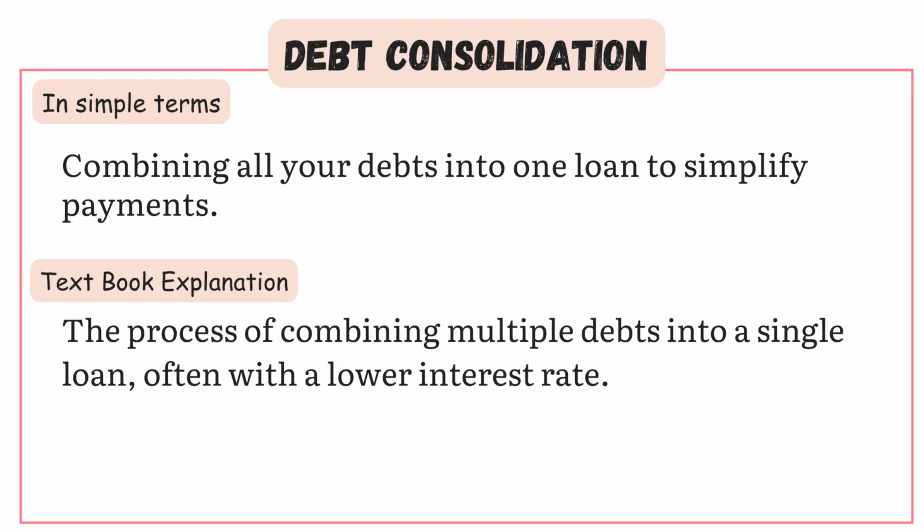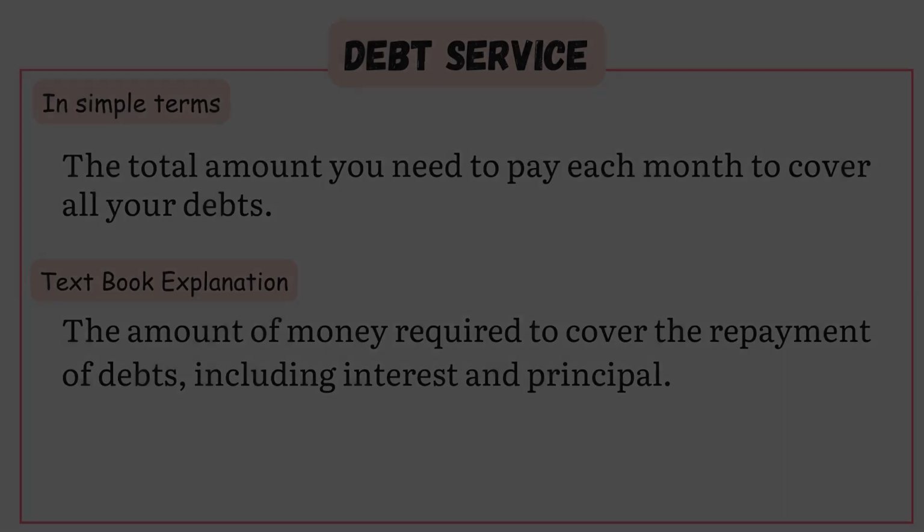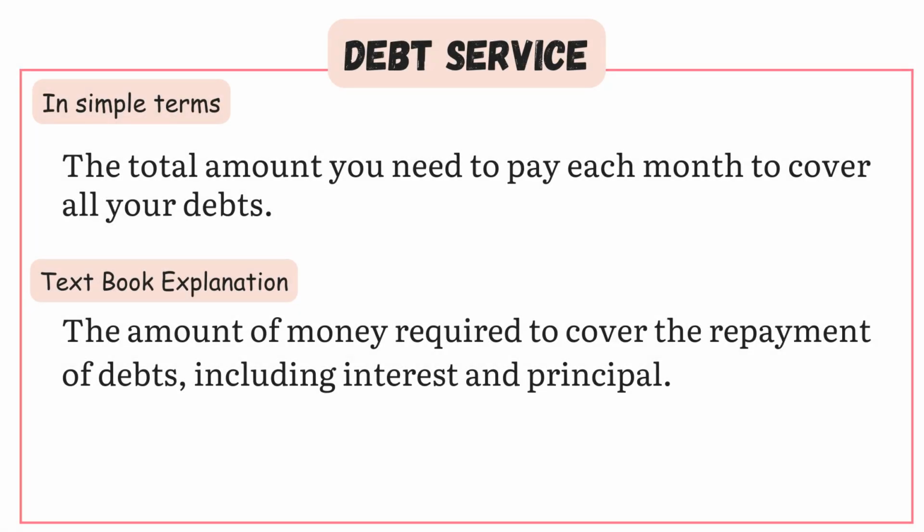As per textbook definition, debt consolidation is the process of combining multiple debts into a single loan, often with a lower interest rate. Debt service. In simple terms, it is the total amount you need to pay each month to cover all your debts. As per textbook definition, debt service is the amount of money required to cover the repayment of debts, including interest and principal.